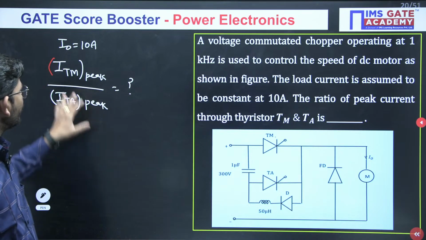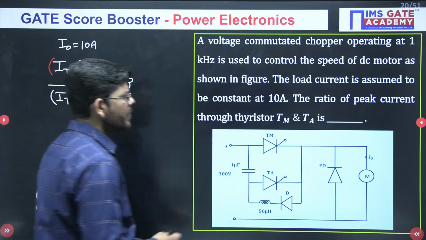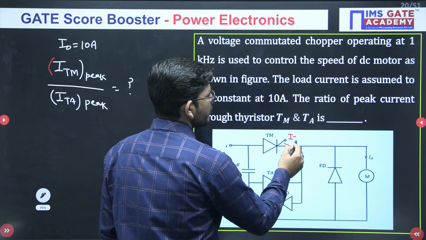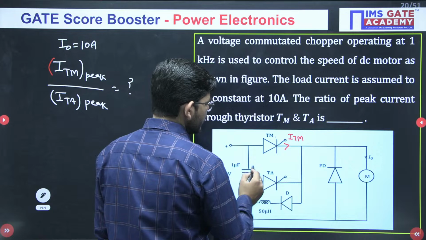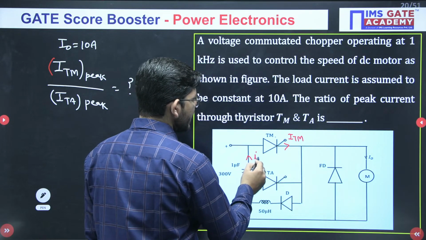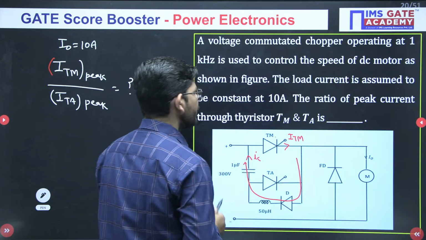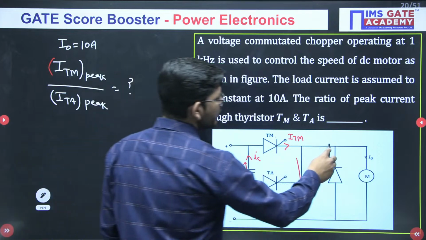Okay. So we have to find ITM peak and ITA peak, and then we can approach this question. So just see, this is the ITM current. And this current will be the IC current, which is coming through this particular circuit. Now, this is I naught.